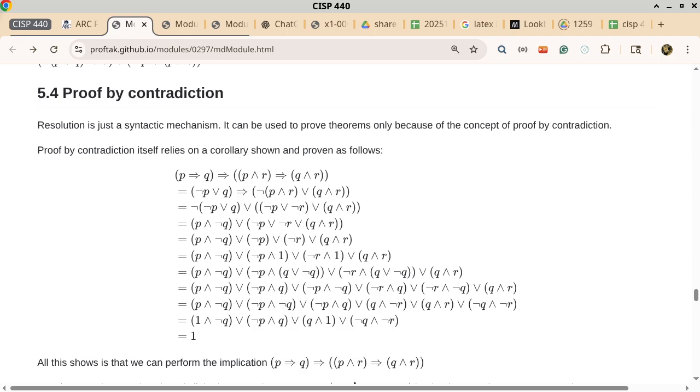Then from here to here is the identity, because anything and true is the original thing. So I apply the same trick over here. And then from here to here, the true is re-expressed as Q or not Q. The true is now replaced as also Q or not Q over here.